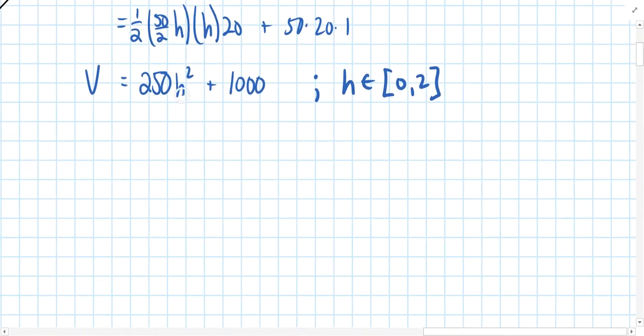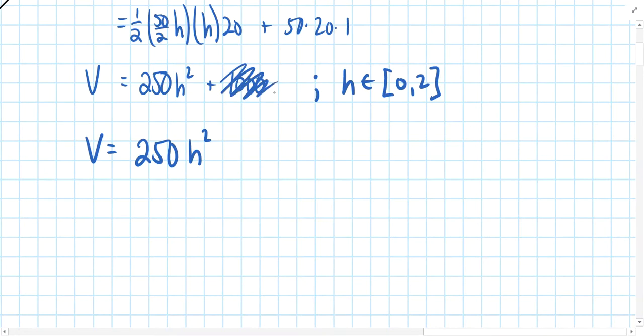And when h is 2, for example, when the height of the triangular section is 2 meters, of course 2 squared is 4. 4 times 250 is 1,000. So if we really think about it, the volume formula that would be appropriate is simply 250h squared.